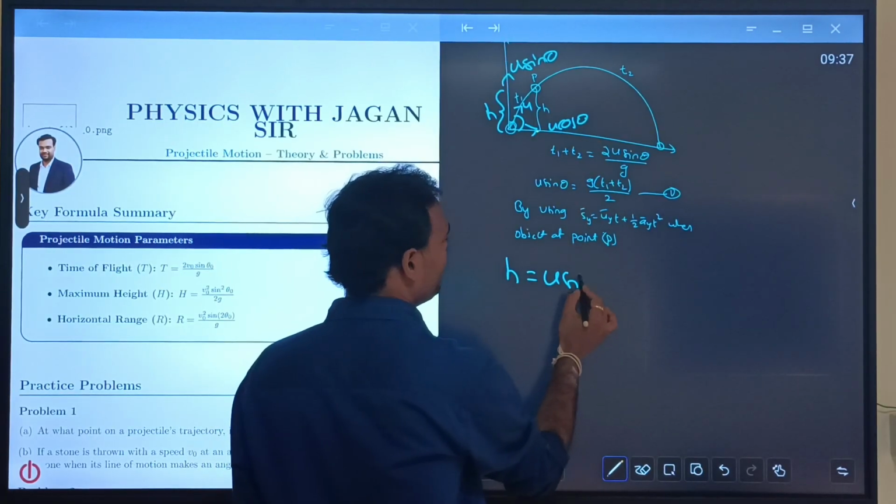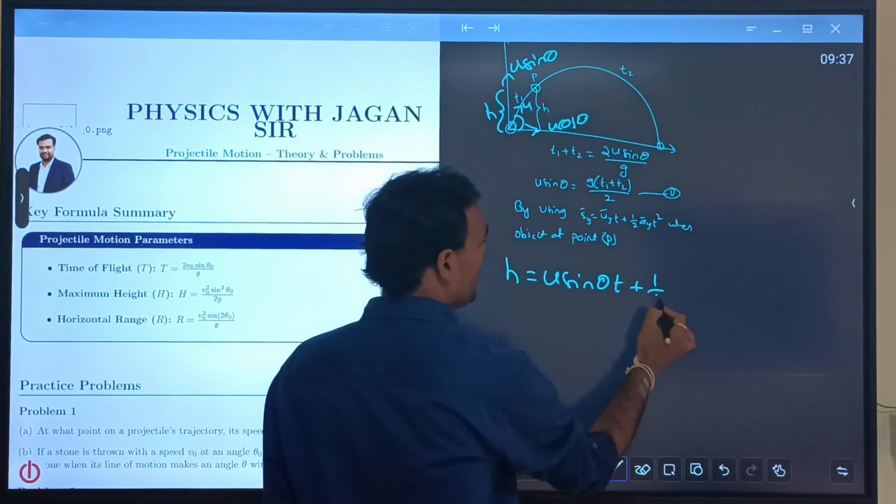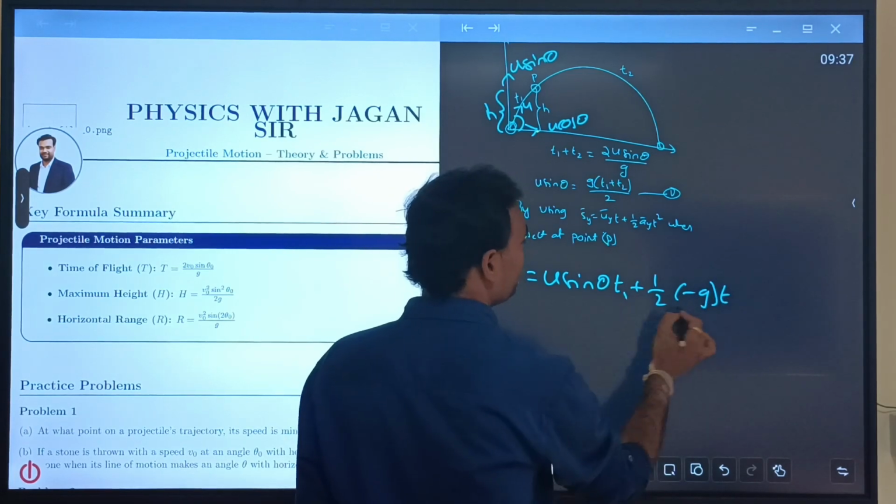Then H equals u sin theta t1 plus half of minus g t1 square.